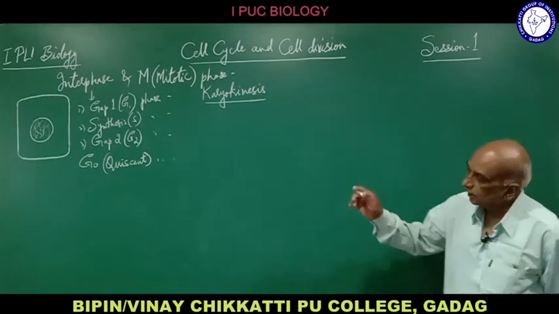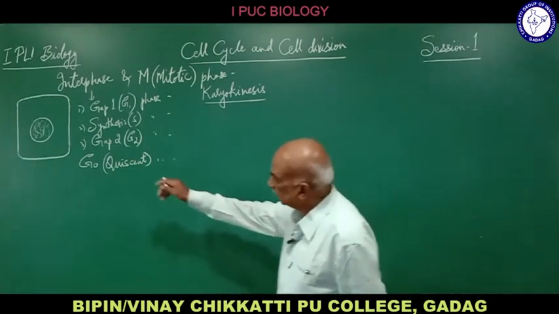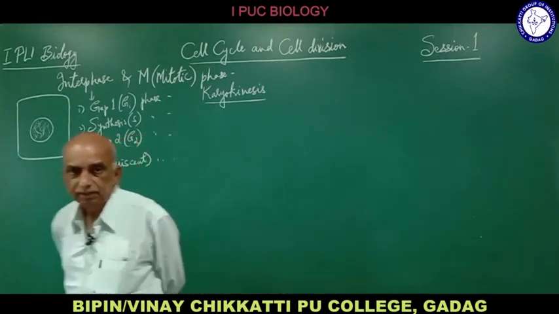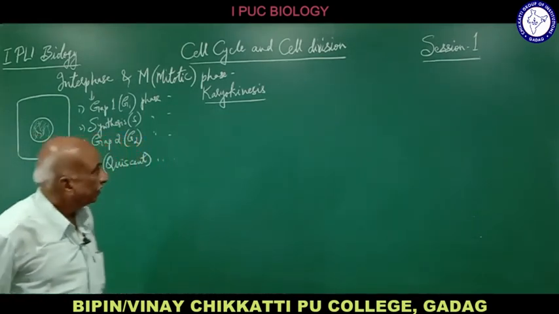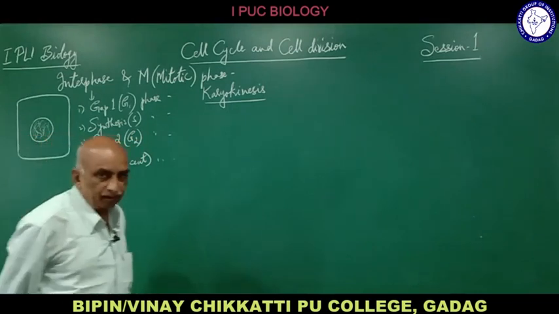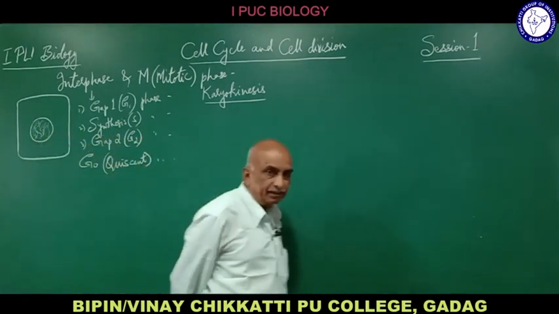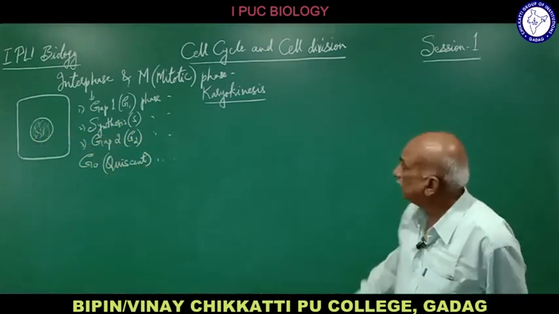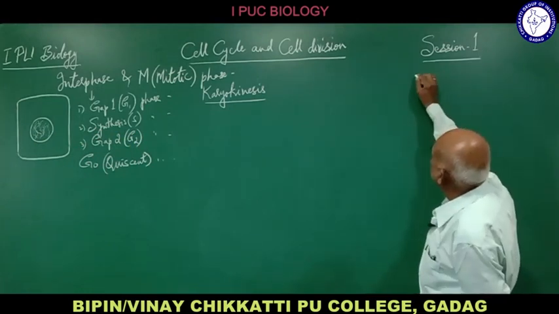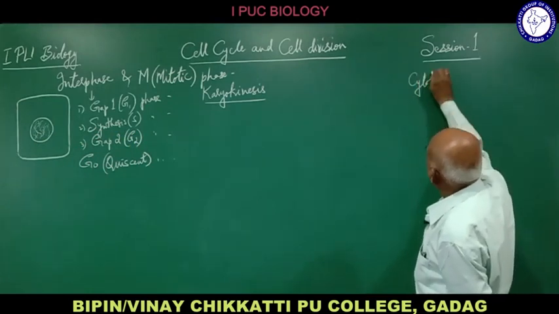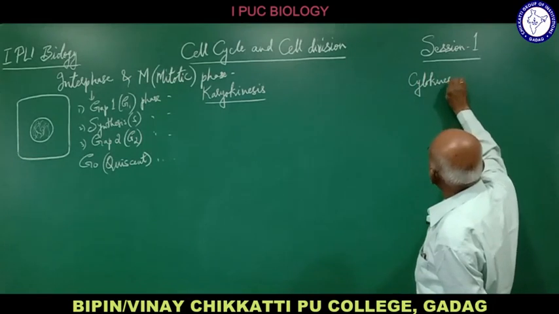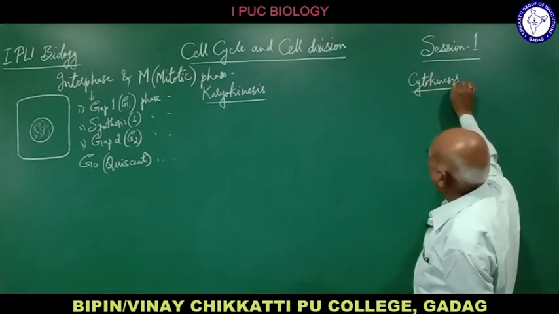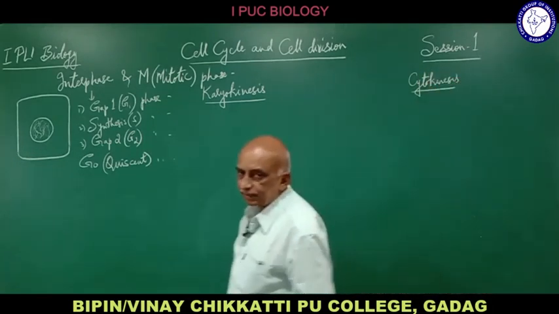Until then there is the quiescent phase or G0 phase. Then the M phase is divided into karyokinesis and cytokinesis. These are the two steps of cell division: karyokinesis and cytokinesis.